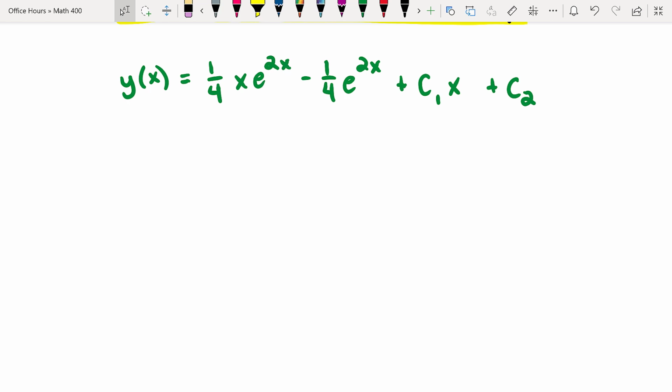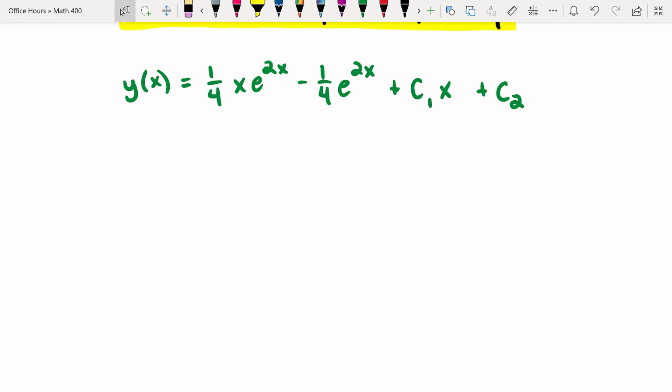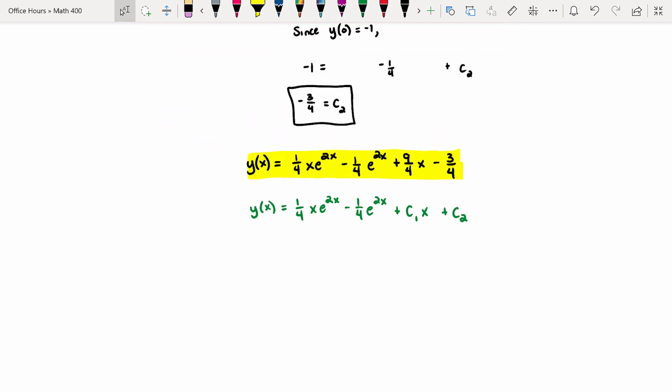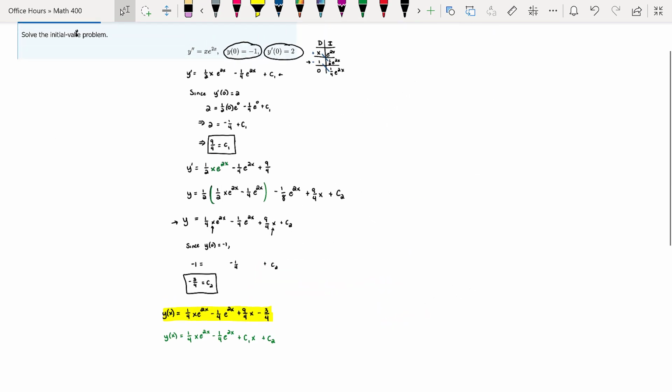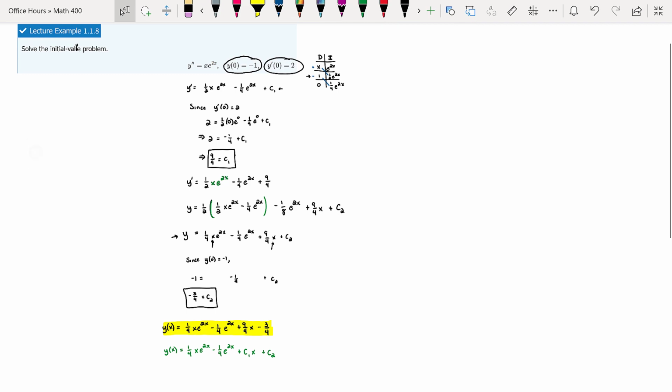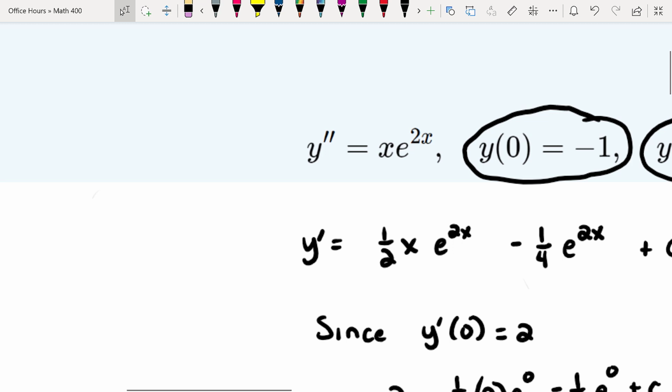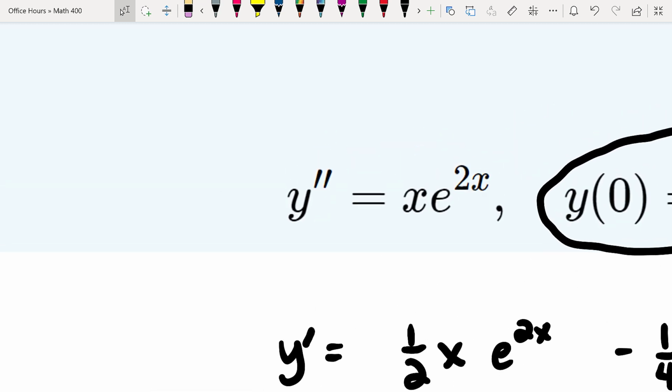Now, those parameters will be locked down if somebody comes in the room and says, hey, I've got some initial conditions. y of 0 is something and y of 10 is something, or y of 0 is something, y prime of 0 is something, or y of 1 is something and y of pi is something, whatever it may be. So as long as they give us two conditions, we can lock down the exact solution to this differential equation. And as was mentioned in class, there are an infinite number of solutions, as you can see by the parameters that we had a moment ago, to a differential equation.